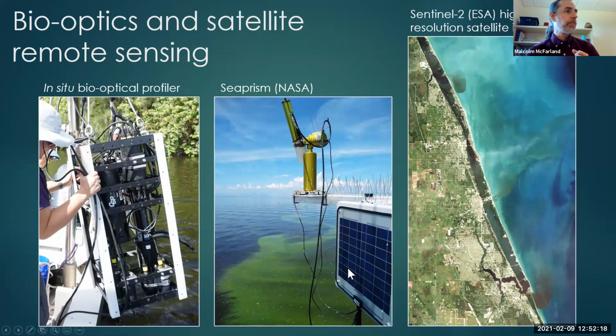This is an instrument that we have installed on Lake Okeechobee to hopefully look at these Microcystis blooms. It's called a SeaPRISM. This looks at the light that is backscattered off the surface of the water. And obviously, you can see the discoloration of the water from the Microcystis is going to cause a lot of green light to be measured as scattering off the water and being measured by this instrument.